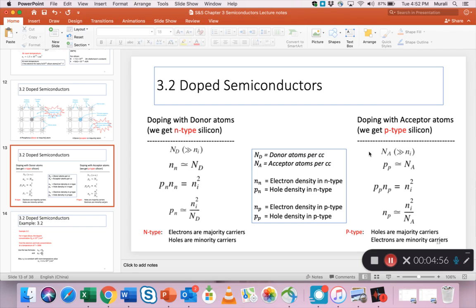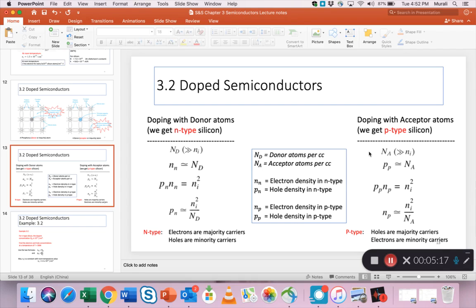So even though after doping the densities of the holes and the electrons change, the product of the two still equals the square of the intrinsic density, Ni square. So Pn Nn equals Ni square on the left side.